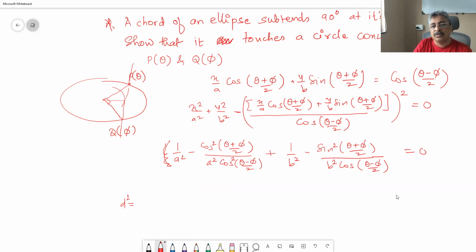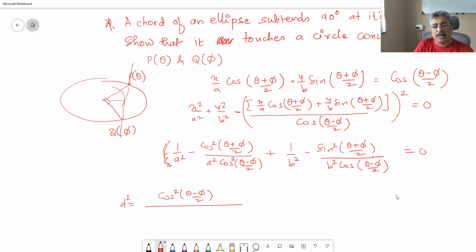In the numerator you put 0, so these two terms are gone, and you have cos square (theta minus phi) upon 2, that is your numerator. In the denominator you actually have a radical, but that radical is gone because of the square.